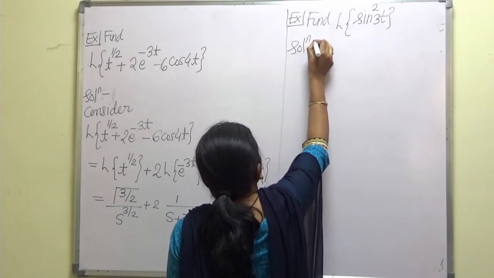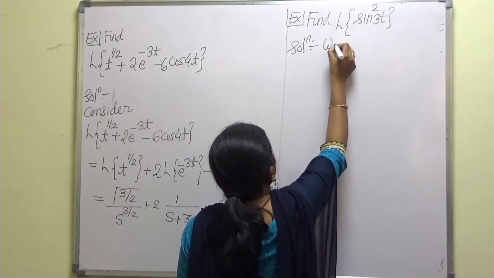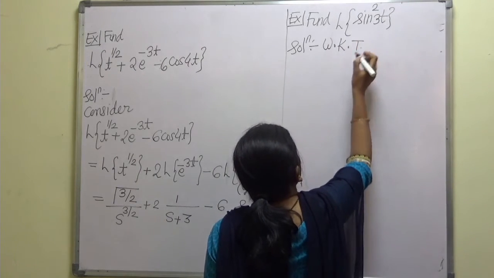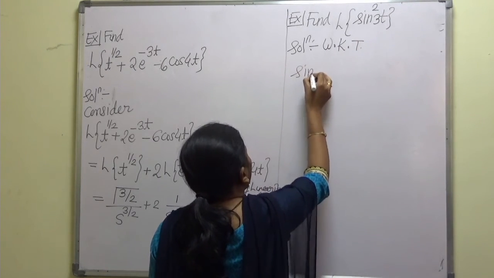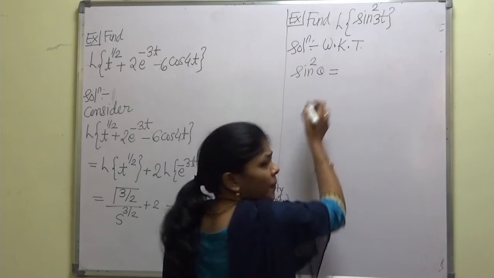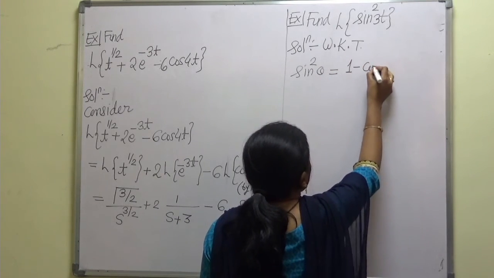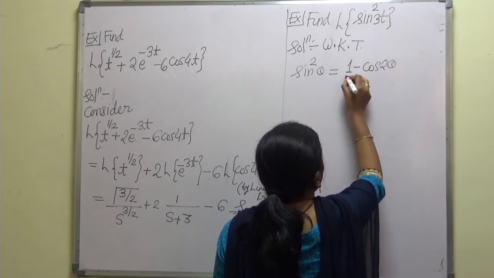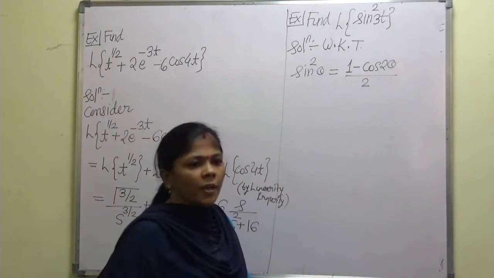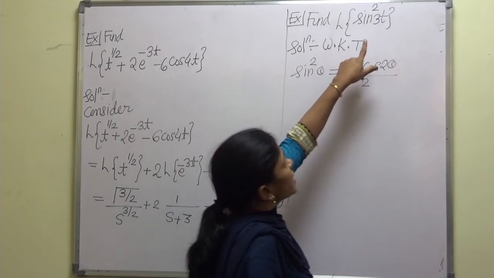So, solution. So, we know that sin square theta. What is sin square theta? Sin square theta is 1 minus cos 2 theta upon 2. Okay. Now, identify theta. Theta is here 3t.